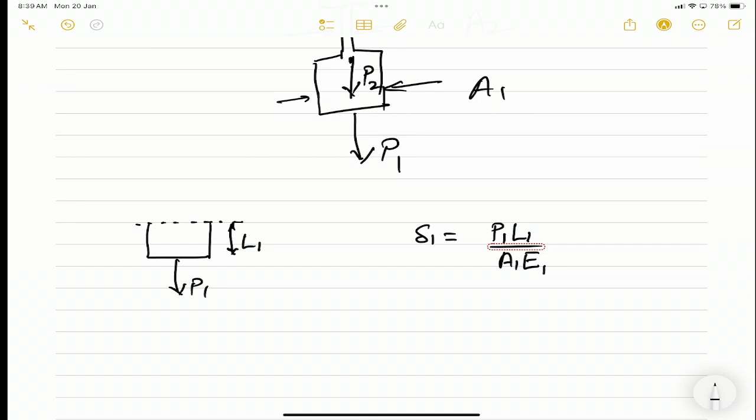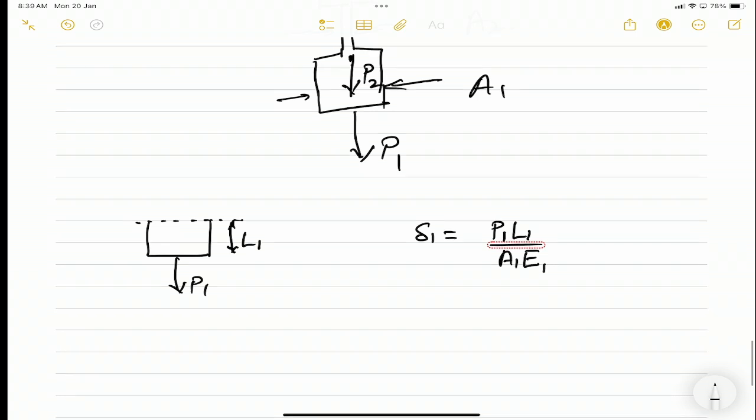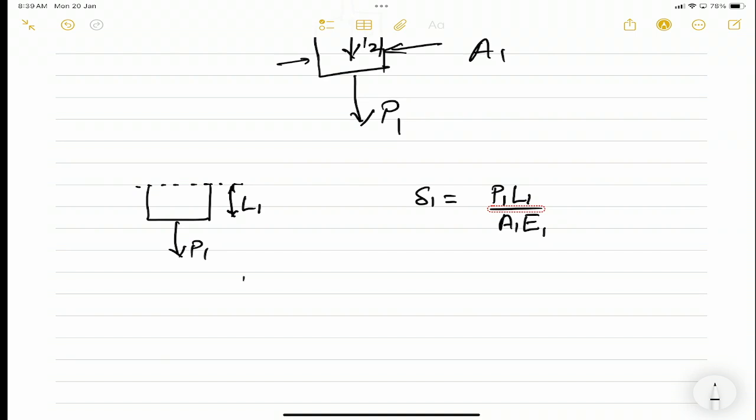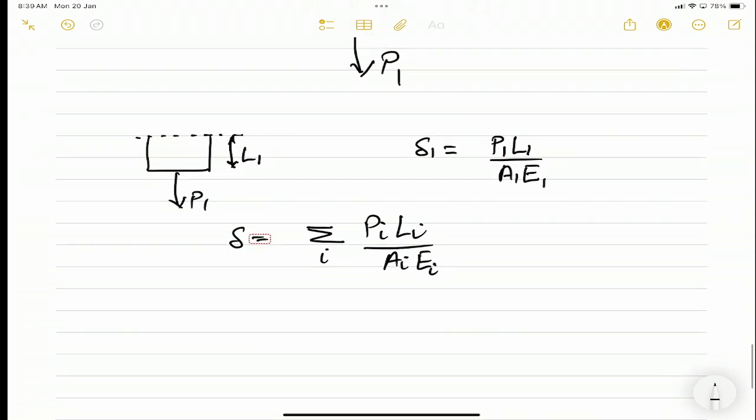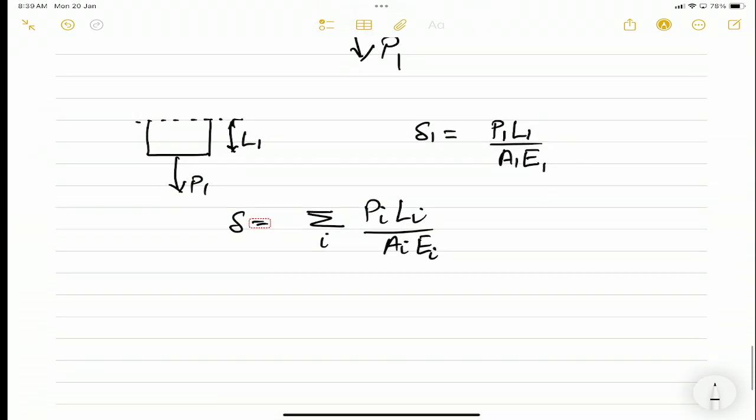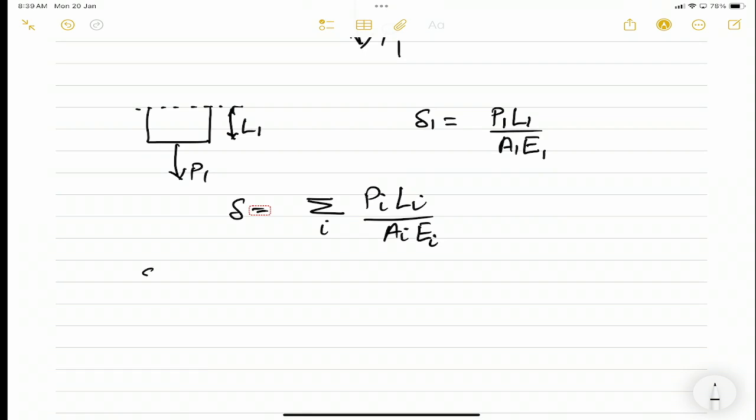Similarly, I can cut at different sections, and what I will eventually get is that delta will be equal to the summation over i of Pi Li over Ai Ei. So, this is when you have multiple discrete loads.